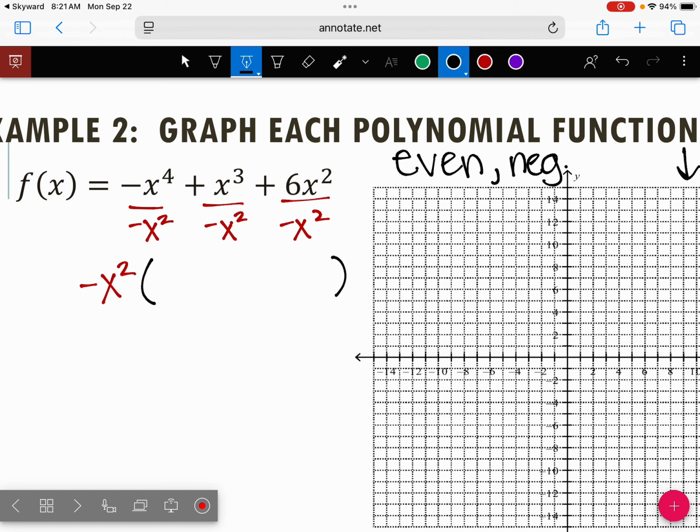So that gives me a positive x squared, a minus x, and a minus 6. Go ahead and factor that down. Two numbers that multiply to be -6 and add to -1.